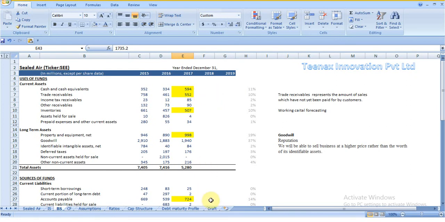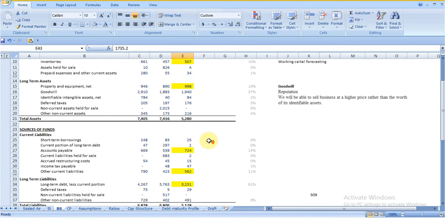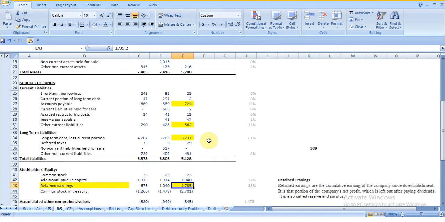Apart from that, in the long term liabilities, we have long term debt. We are going to look into this separately when we project the interest cost, and we are going to see the maturity profile of the debt, current debt in the coming period, in the coming 1 or 2 years.